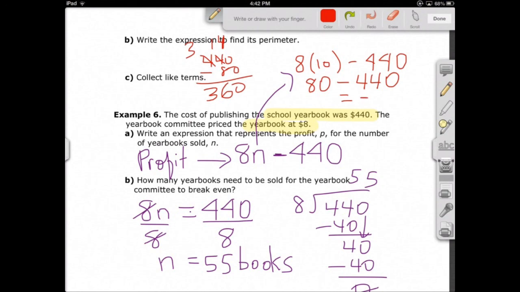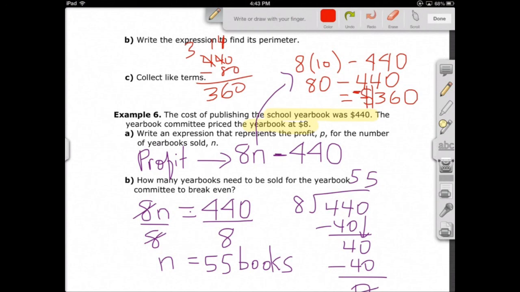Now this would be negative 360. And what that means is that you're at a loss for $360. Now that sometimes happens in schools, and sometimes schools have to sell more books, right? They have to fundraise, because otherwise the school would be left on the hook for the contract. That's not good. So a loss of $360 would apply in this situation.